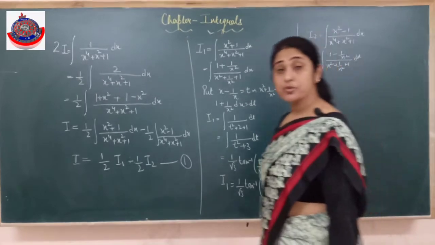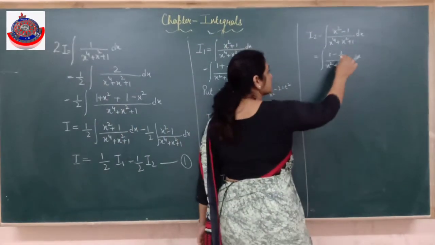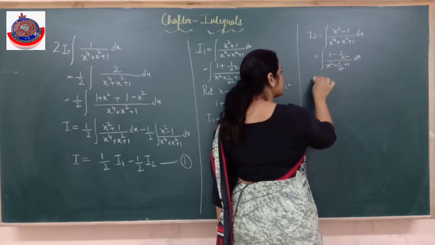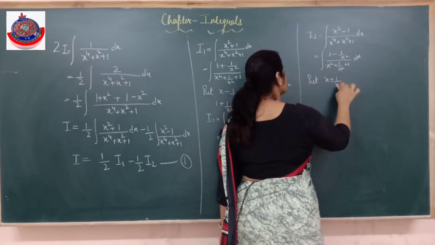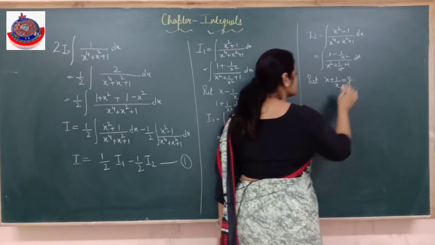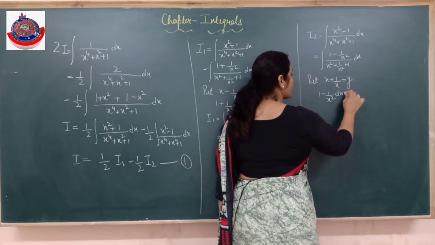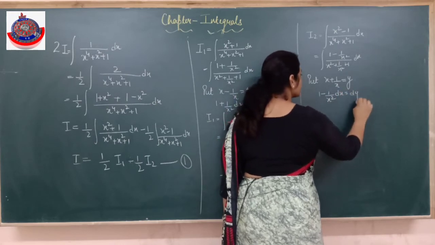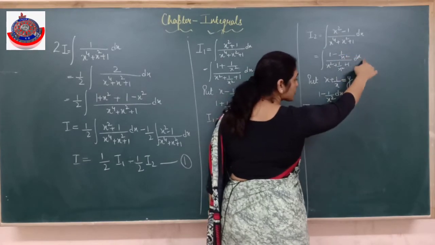Alright. Now what do we do? We substitute. If it is minus, I'll substitute plus 1. So x plus 1 by x is y. One minus 1 upon x square, dx is equals to dy. So I2 has become 1 minus 1 by x square dx is dy.